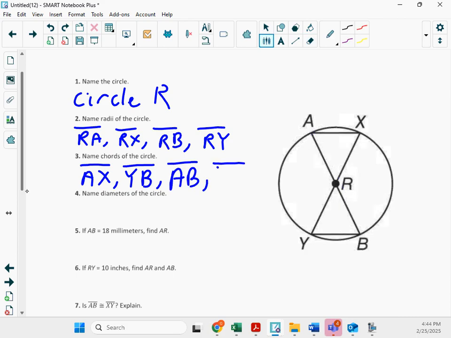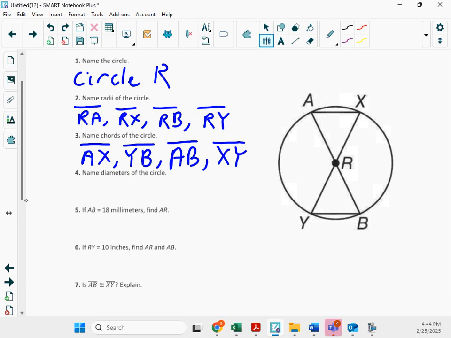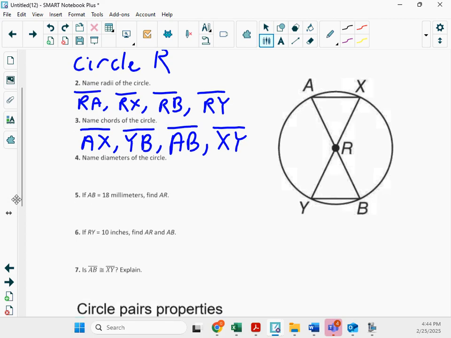And then there's XY. Again, both endpoints are on the circle. Name the diameters. So the diameters are chords, but they also have to hit the center of the circle. So that would be AB and XY.